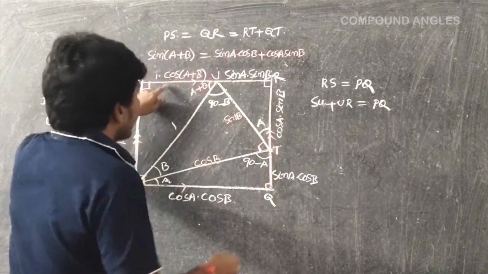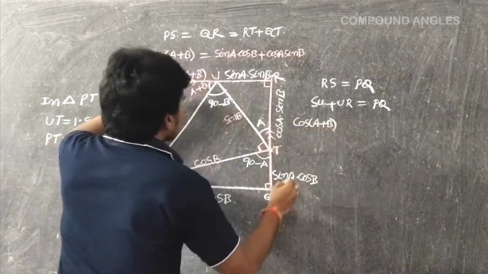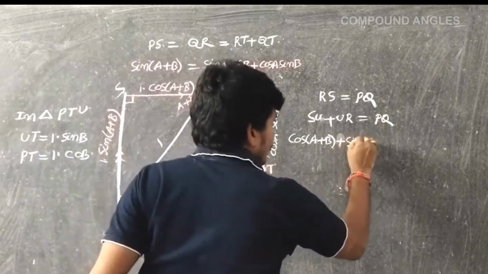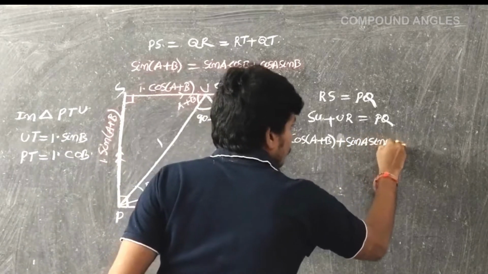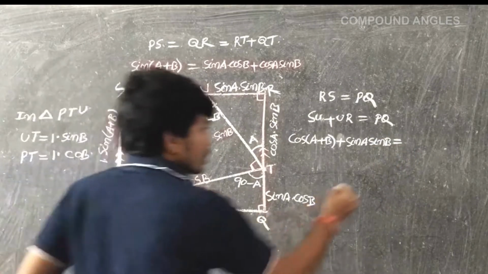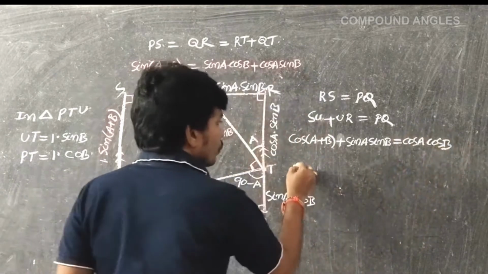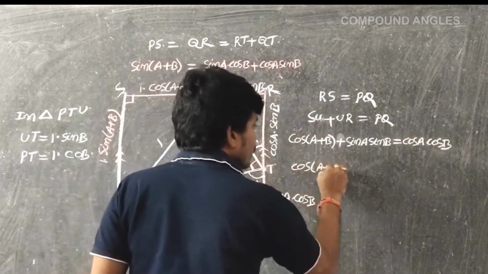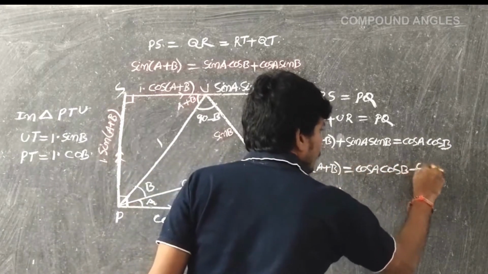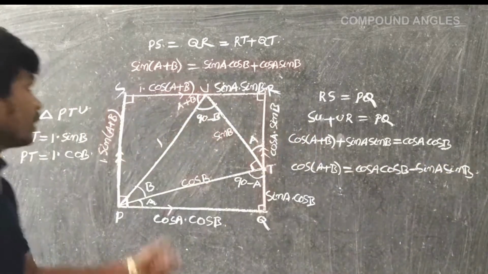Now what is the SU value? Cos of A plus B. Cos of A plus B plus sin A sin B, that is equal to PQ, cos A cos B. So now you observe cos of A plus B is equal to cos A cos B minus sin A sin B. So that's why you got it.